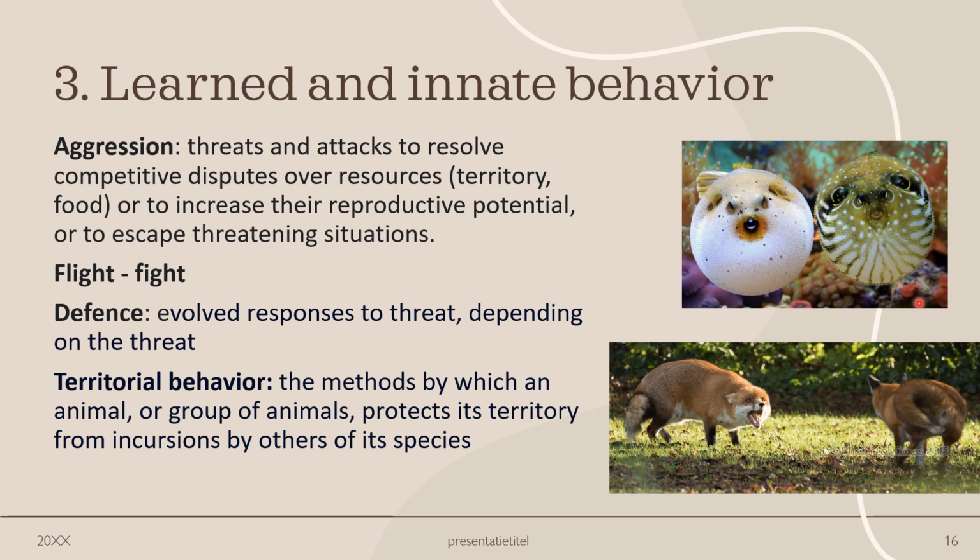Why does it do that? Because it appears bigger. If the pufferfish puffs itself into a ball-shaped fish, then it appears bigger, and other smaller animals will think twice before they attack the pufferfish.